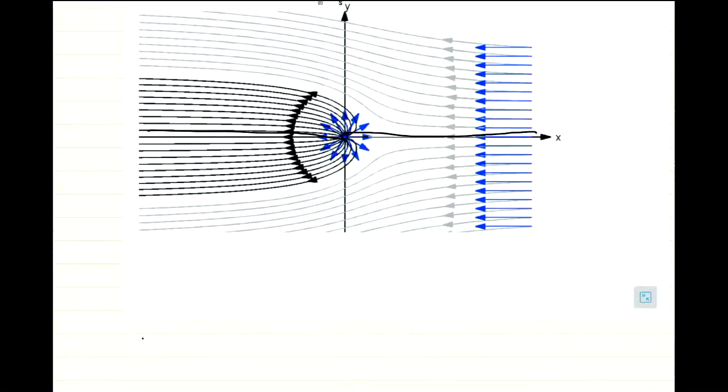Right, so this is my flow field, my streamlines. In this case, I already know what the streamlines look like, but in the exam, you do not know what the streamlines look like, and you actually have to sketch this out, right? So the first step, typically, is to write down your stream function. So I'm going to have psi equals negative u infinity y plus Qs over 2 pi arctan of y over x.